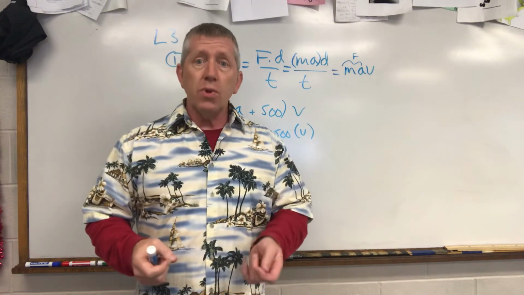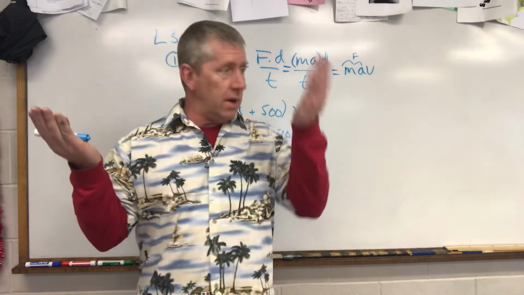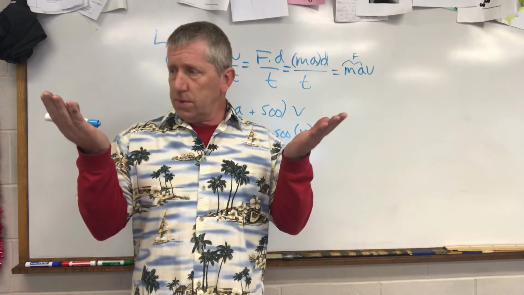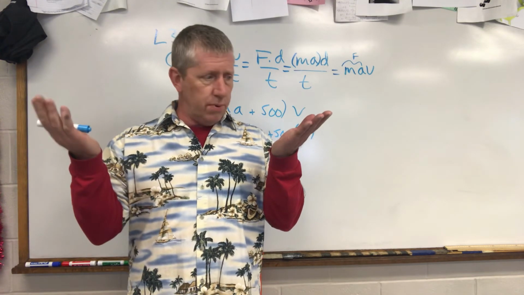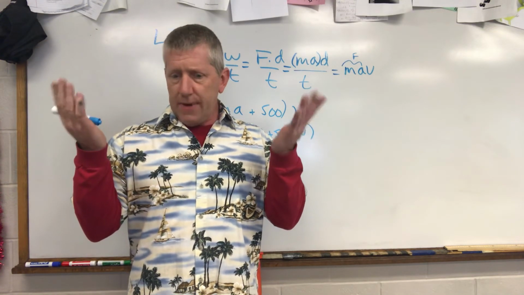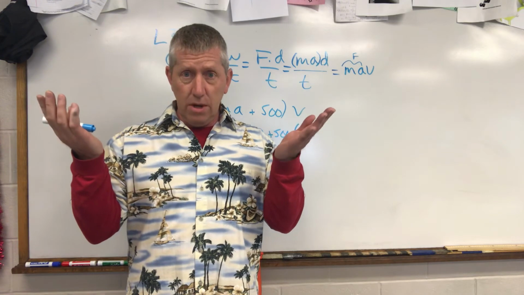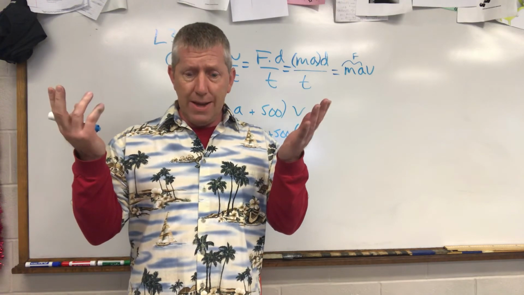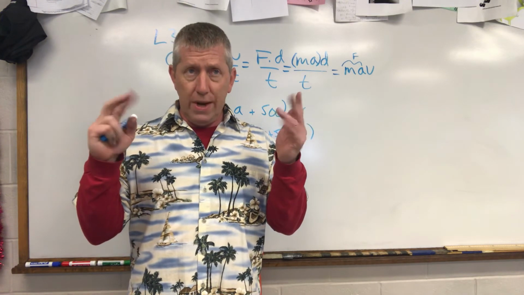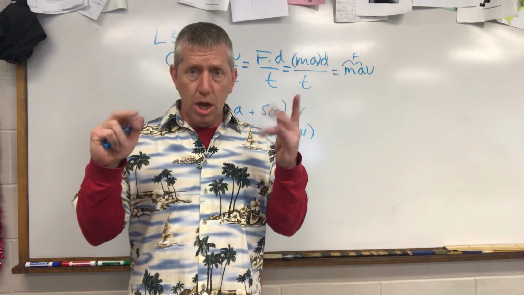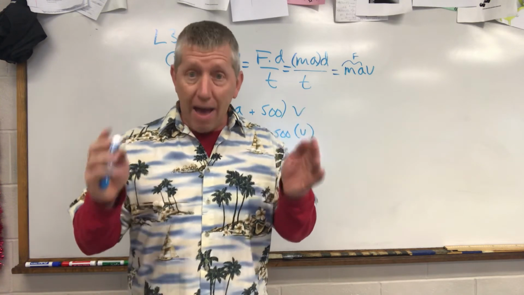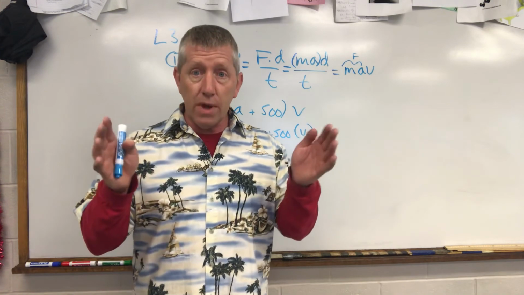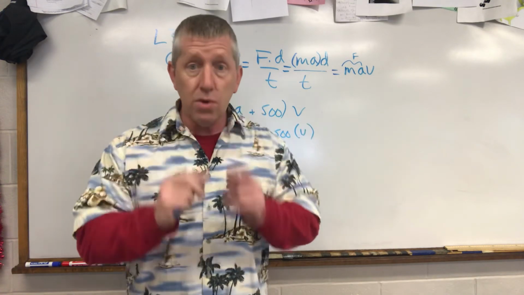So the average velocity between 0 and 9, let's get the average. We'll take those two, 0 plus 9, and divide by 2. Anybody have a calculator? Okay, 0 plus 9 is 9, divided by 2 is 4.5. The average velocity during that acceleration period was 4.5. We can use that.